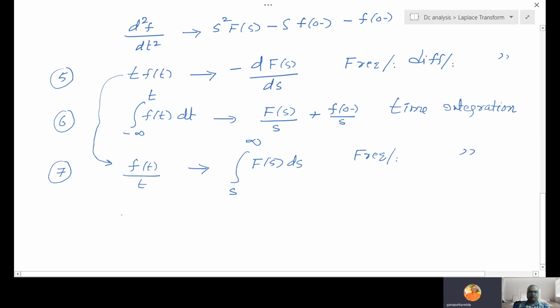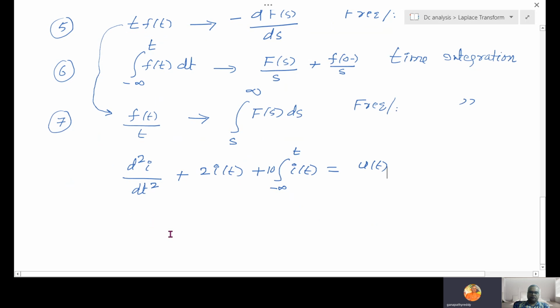When I am writing a differential equation, for example, d square i by dt square plus 2i of t plus integral from minus infinite to t of i of t dt equal to u of t.